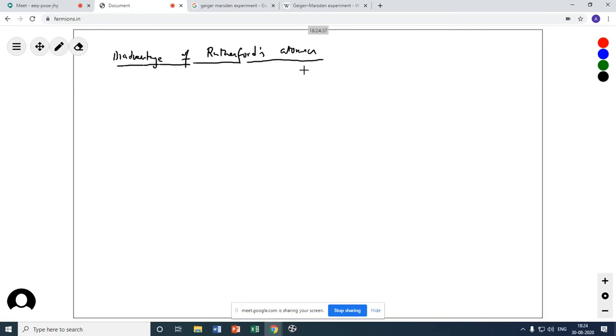So an electron while revolving around the nucleus in a circular orbit may accelerate or decelerate.